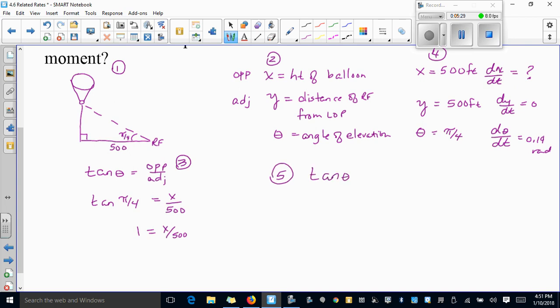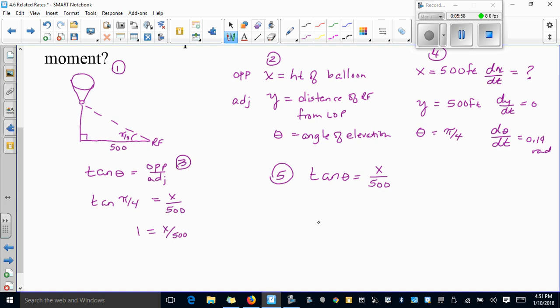Tangent of theta gives us secant squared. So we get secant squared of theta d theta/dt equals derivative of x is 1, so this is going to be 1 over 500 dx/dt.